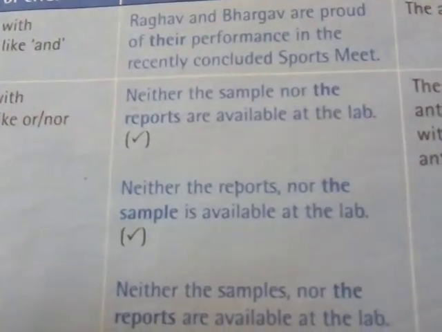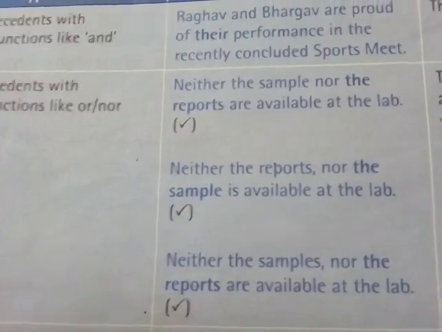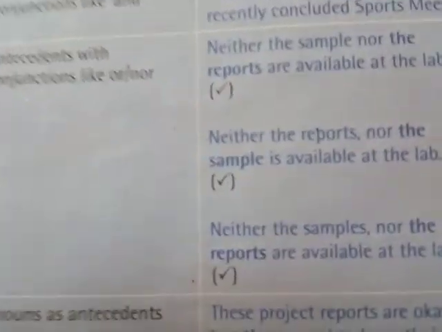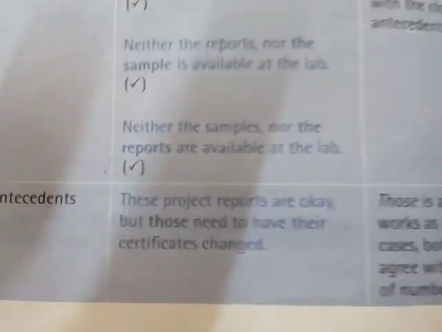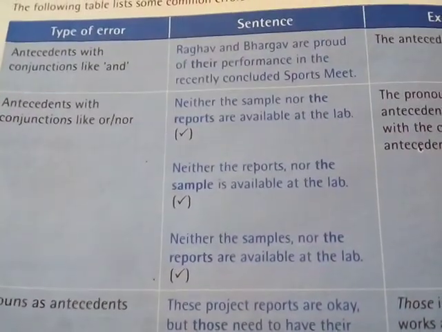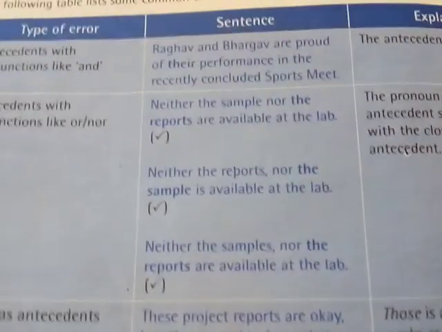And neither the reports nor the sample is available at the lab. The sentence is the same, but the closest antecedent, singular or plural, is more important. And neither the samples nor the reports are available. The third category, both are plural, so here it has to agree with the plural pronouns.